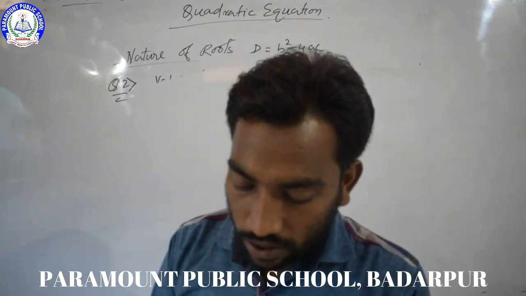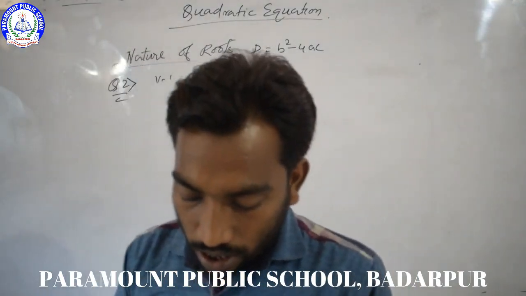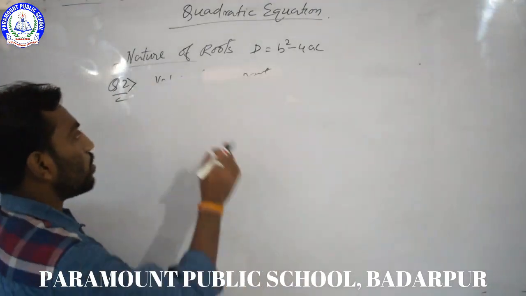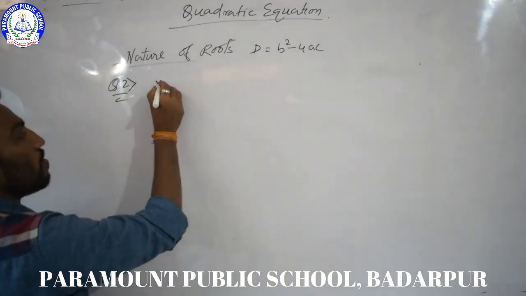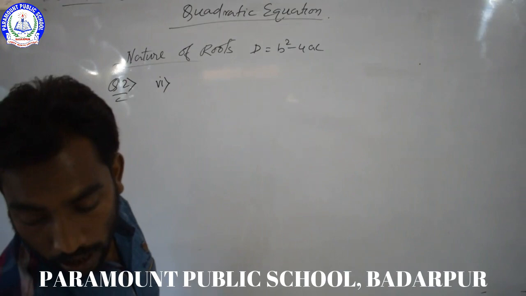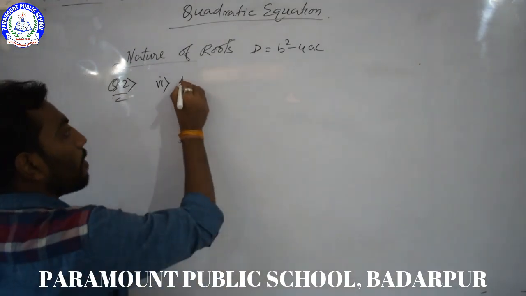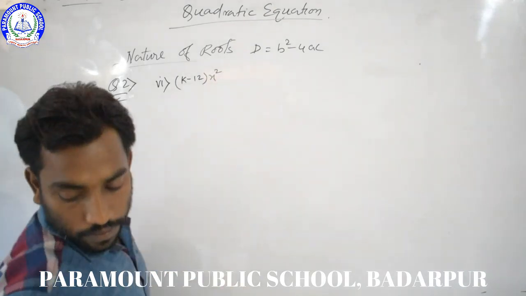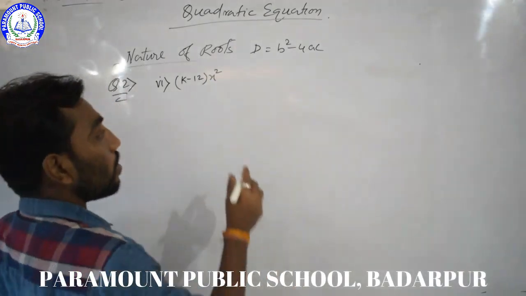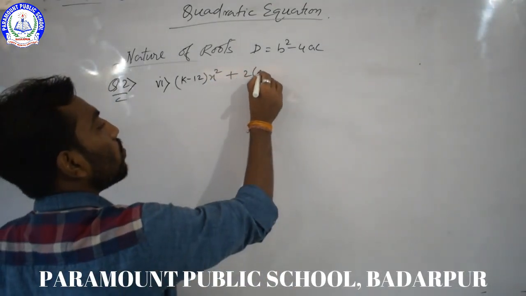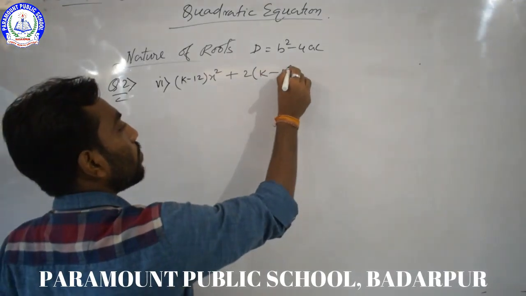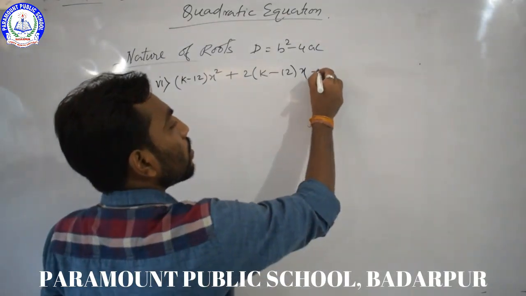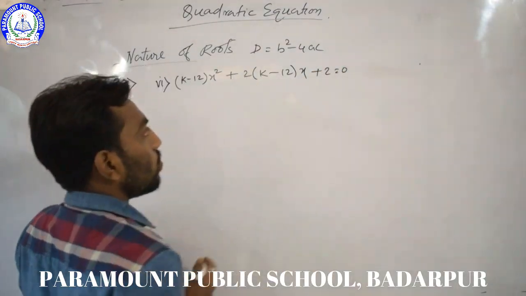So let me solve one more, a little complicated problem. This is question number 6. (k minus 12) x square plus 2 into (k minus 12) into x plus 2 is equal to 0.